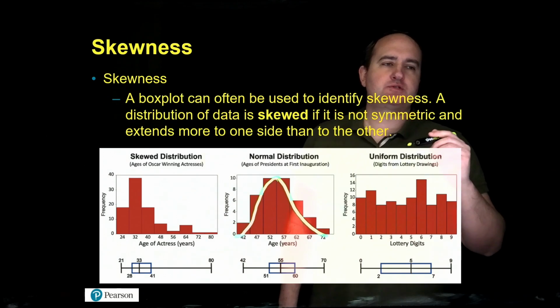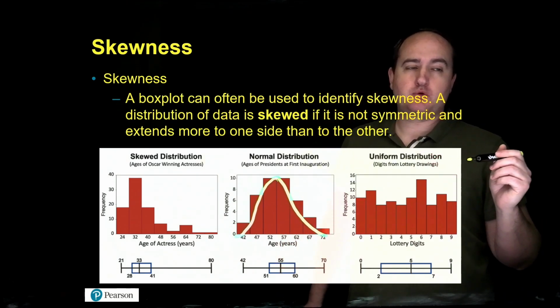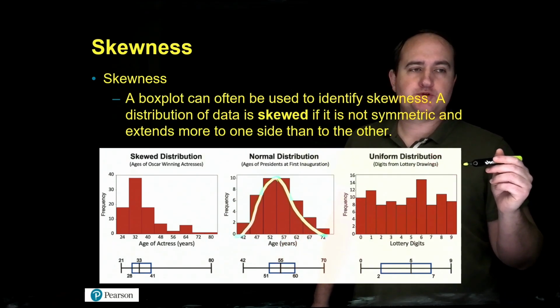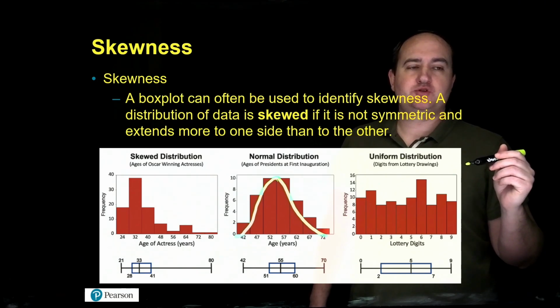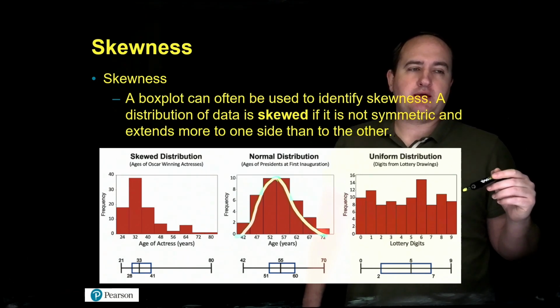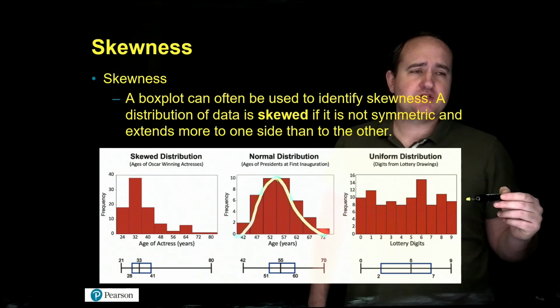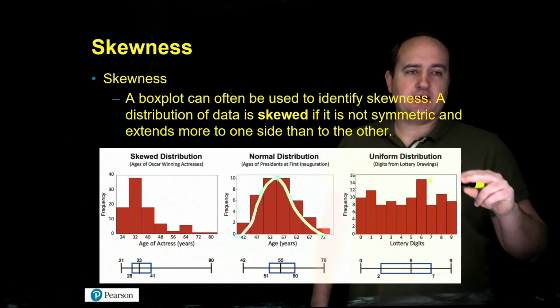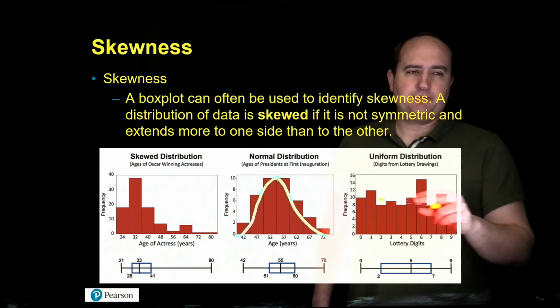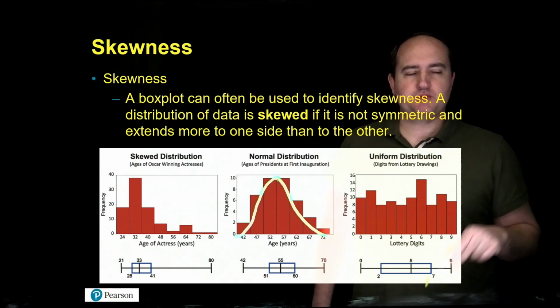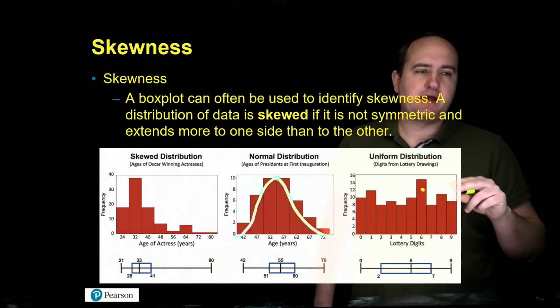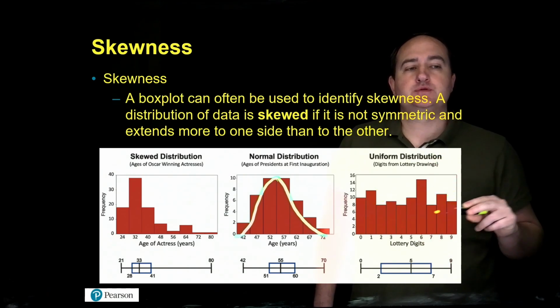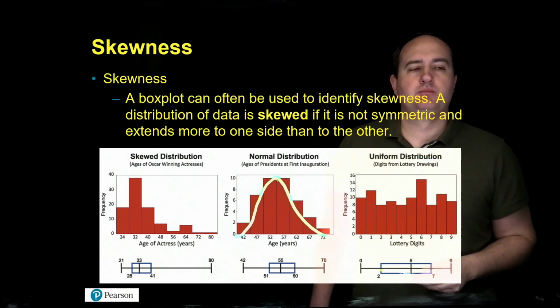And then the last distribution I wanted to take a quick look at was the uniform distribution. So for a uniform distribution, remember that your histogram needs to have bars that are roughly the same height. With this one, there's a bit more variation than most uniform distributions, but roughly the same height for your bars is going to give you a uniform distribution.